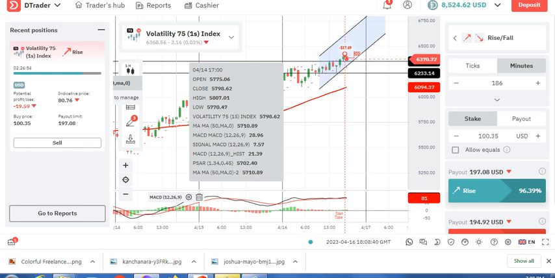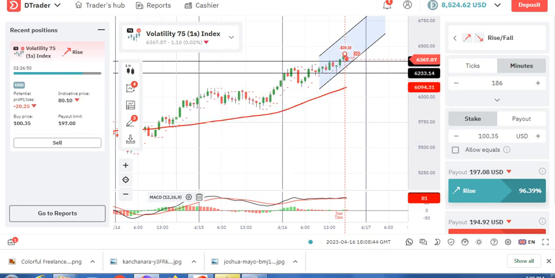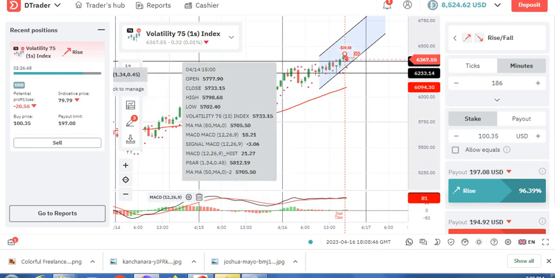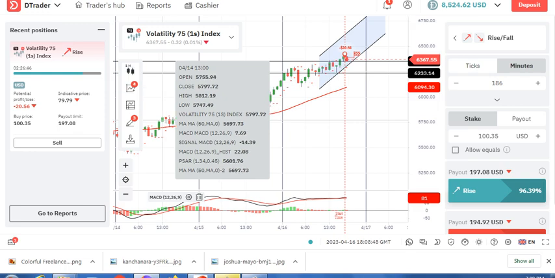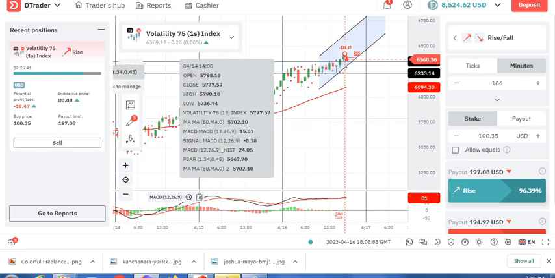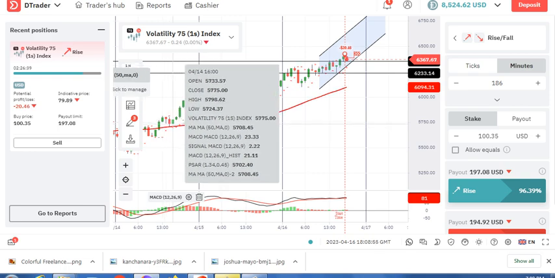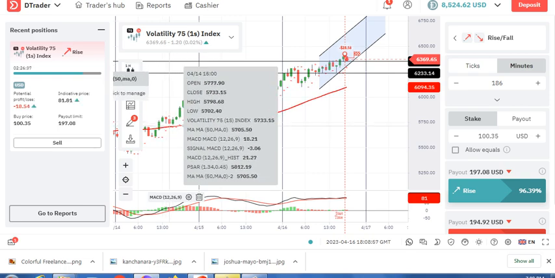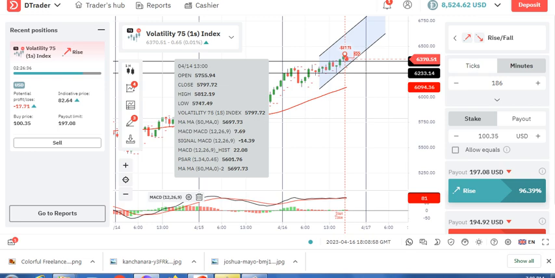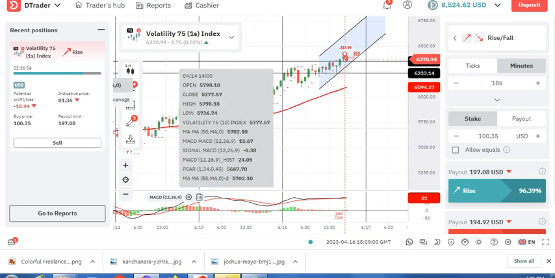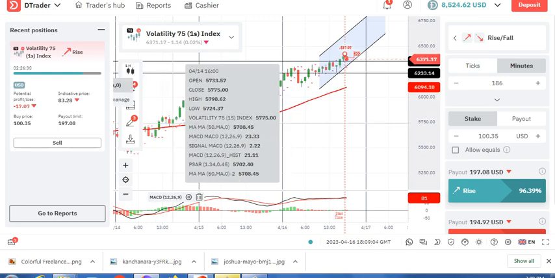This will help you correct some errors. Like what happened here: you entered here with a 2 hour trade on these candles, and it dropped. So you would have lost your money.